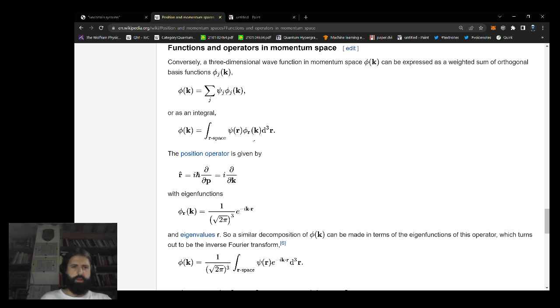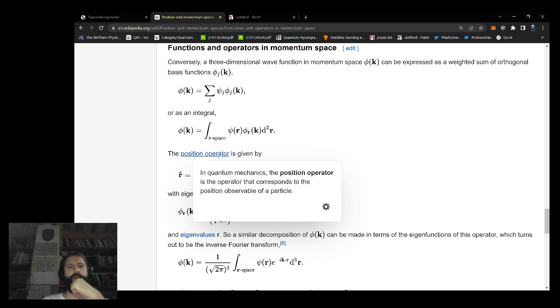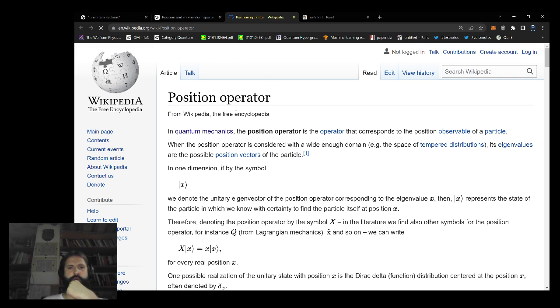And then the position operator. Essentially, the position operator is what takes the observable of a particle. So the position operator is the operator that corresponds to the position observable of a particle.